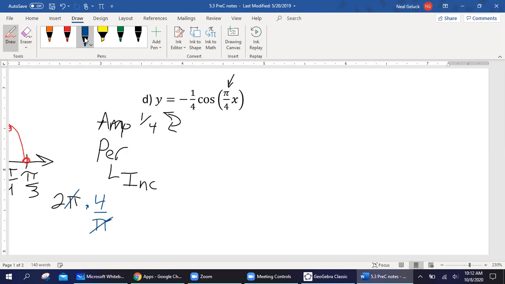Pi's cancel, and I'm left with 8. Now that may sound bizarre, but the period does not have to have pi in it. Sometimes it does, sometimes it doesn't. I always take the period and divide by 4 to figure out my increments. So my increments are 2. No vertical shifts or anything, so I'm ready to try to graph this.